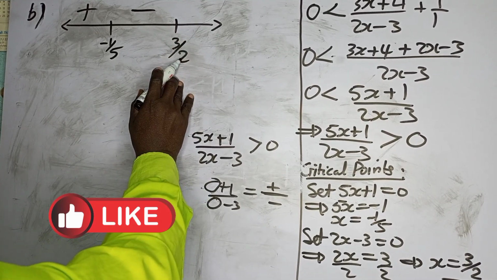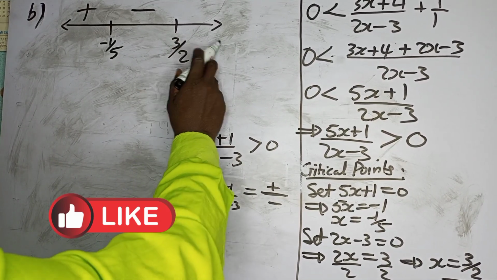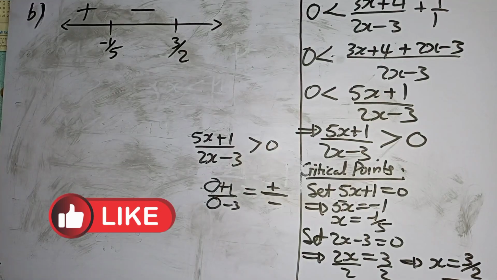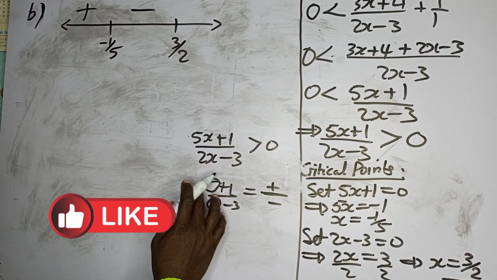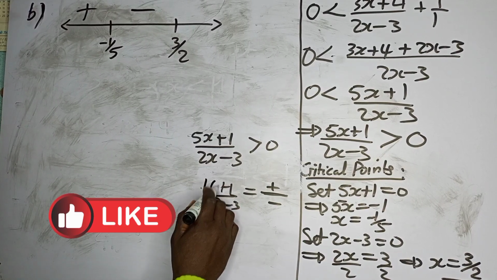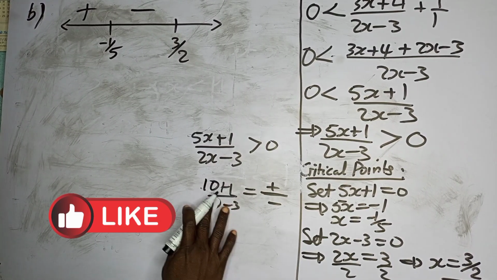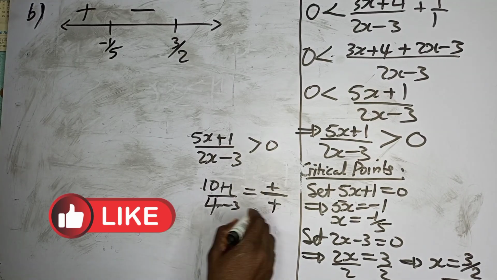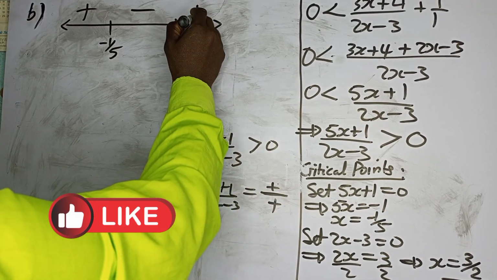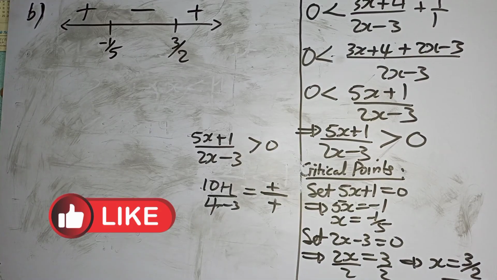This is 3 all over 2, which is 1.5. So 2 and above, any value from 2 and above is acceptable. So if we take, for example, 2, 5 multiplied to 2 is 10. 2 multiplied to 2 is 4. 10 plus 1 positive. 4 minus 3 positive. Positive divided by positive, positive. So this zone here is positive.